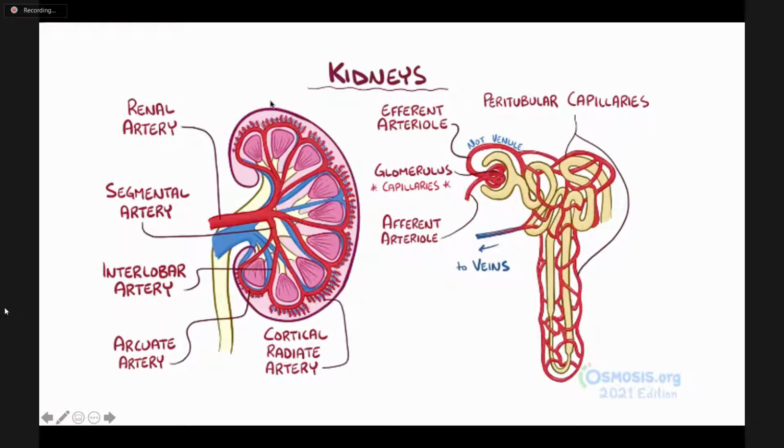Okay, so for the renal blood flow, if the question is asking for renal blood flow, you've got to explain. It comes from the aorta and then to the renal artery, segmental artery, interlobar, arcuate, and then to cortical radiate artery. So from this cortical radiate artery, it goes to the afferent arteriole first. Then this will form a new capillary loops known as glomerulus.